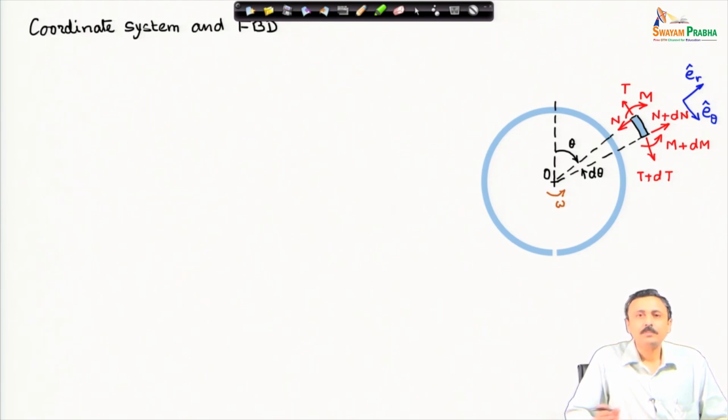Coordinate system: plane polar coordinates is the only choice. It is a prismatic body, so we can use the equations of motion for planar kinetics. The free body diagram of that little element is already shown.